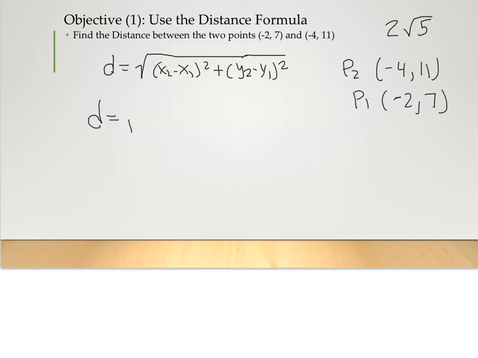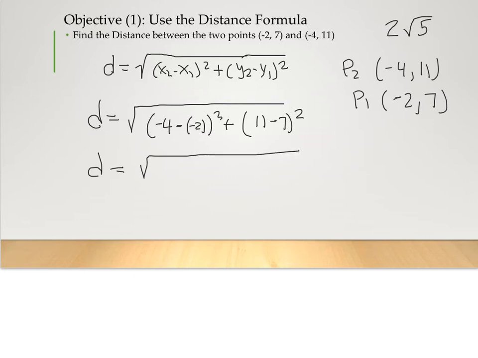So d is equal to, for my point 2, my x2 is negative 4, and I'm subtracting off a negative 2, and then I'm going to square that. And then I'm going to look at my y's. So my y2 is 11. And I'm subtracting off a 7. And then I square that. So there it is. So now I just have to do the calculations.